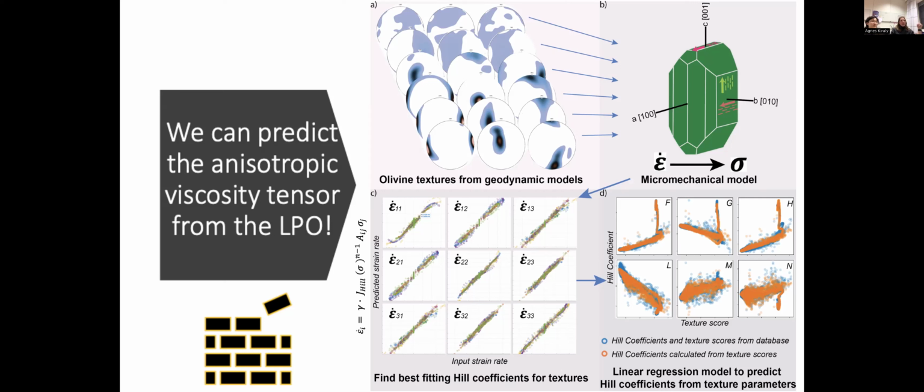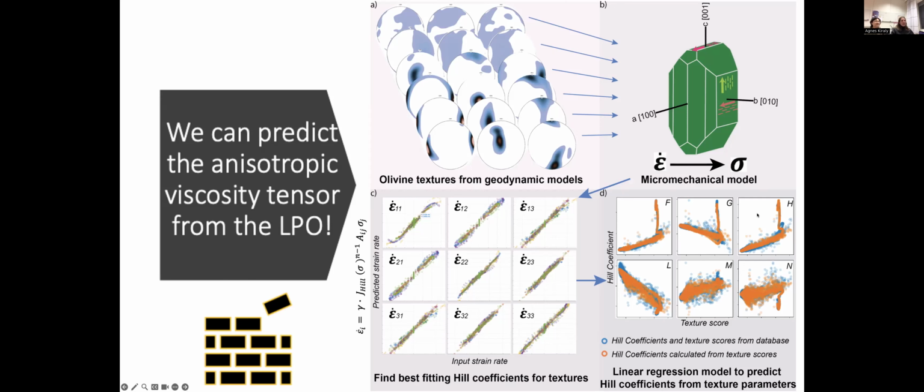So we take the eigenvalues of each of these orientation tensors and use some linear regression model to predict each of these 6 parameters from the texture parameters. And so we got really good fits, and then trying it out again on the geodynamic model created textures, it seems to be doing an okay job. So then we are confident enough that this is a good way to move forward.